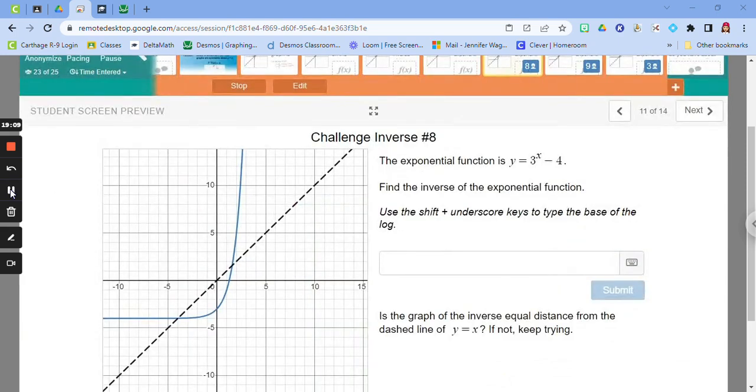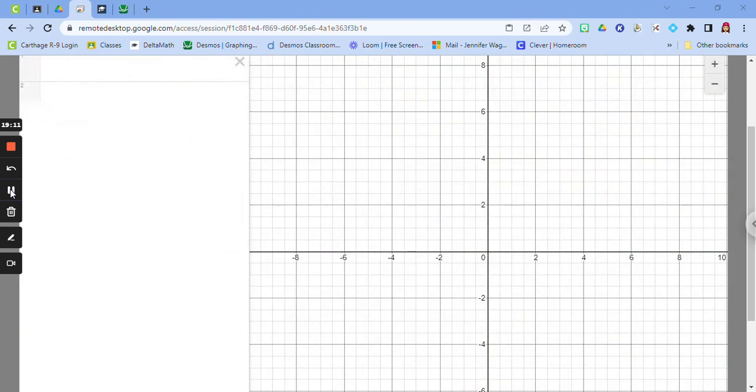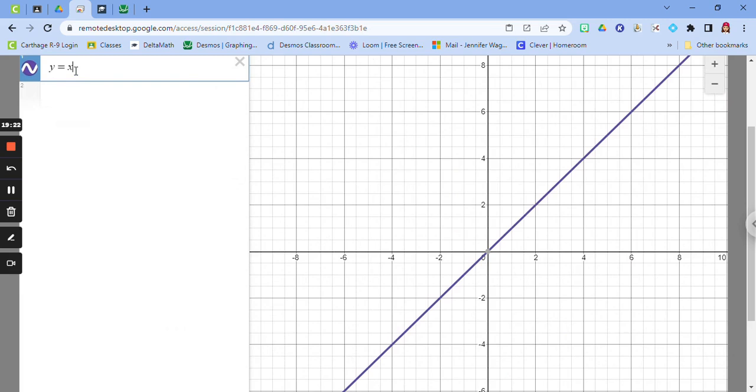The one thing you should make sure you have on Desmos itself is the equation y equals x.